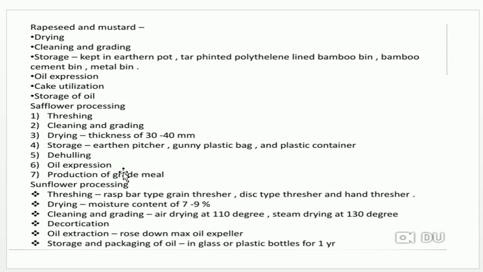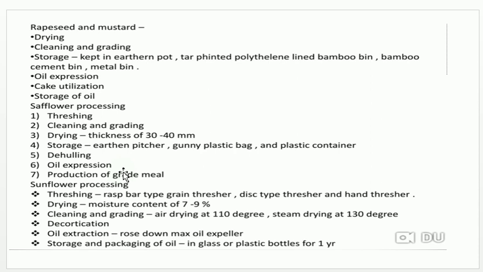Now sunflower processing. In sunflower processing, generally the threshing operation is carried out. After that, cleaning and grading operations are carried out. After that, drying is generally carried out with a thickness of 30 to 40 mm.